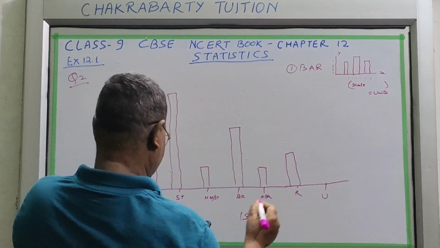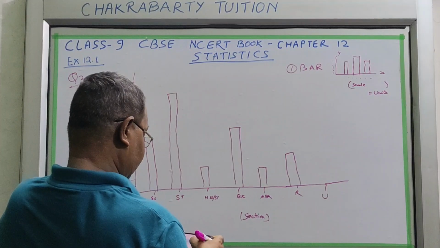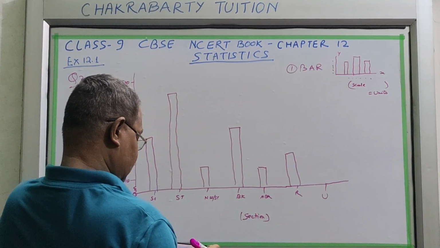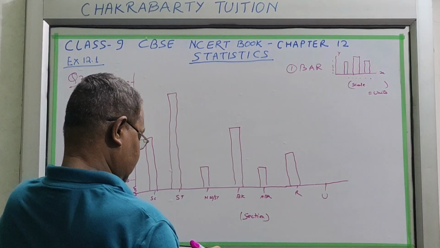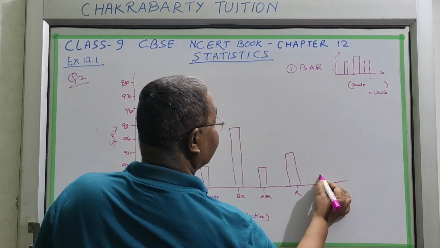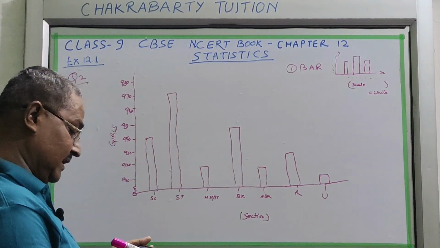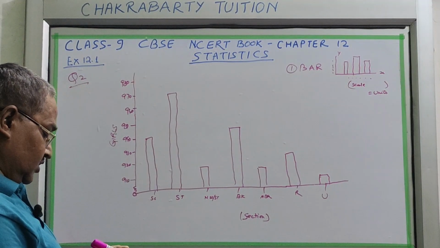This is 930, and then again a jump. And 910 is also there. This is 910. Okay, so this is your bar graph. The second question is complete.